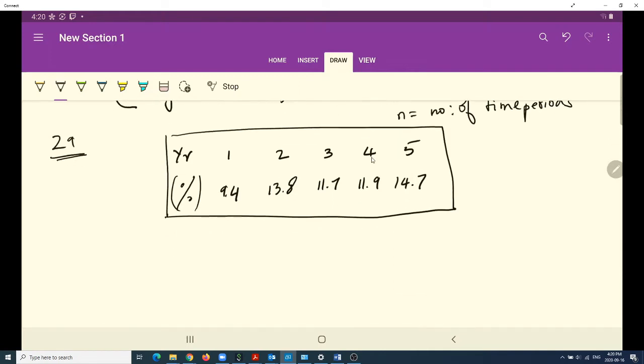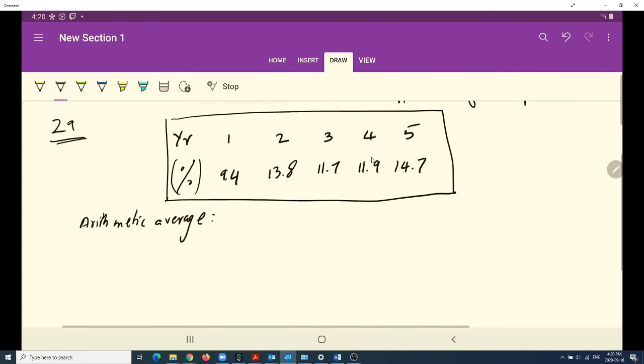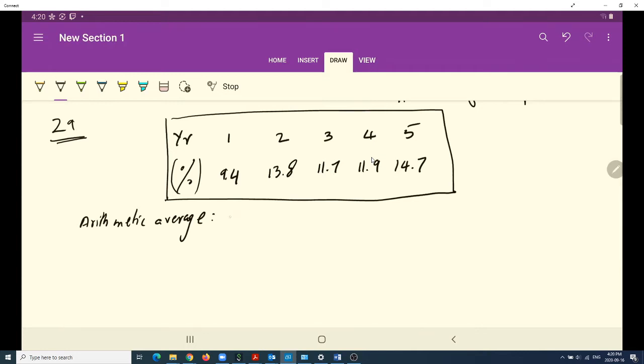If you do a simple arithmetic average, it would be like the average of all these numbers. It will be 9.4 plus 13.8 plus 11.7 plus 7.9 plus 14.7. You divide that by 5, and that'll be your arithmetic average.